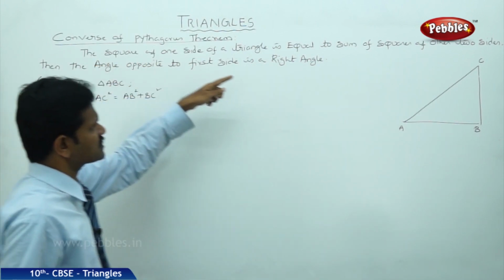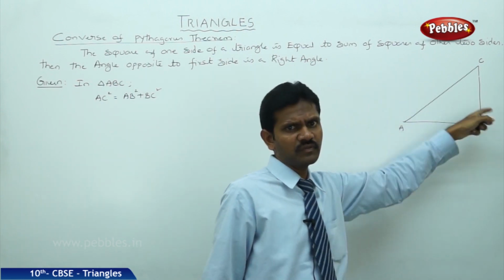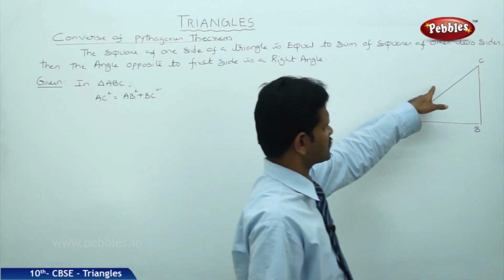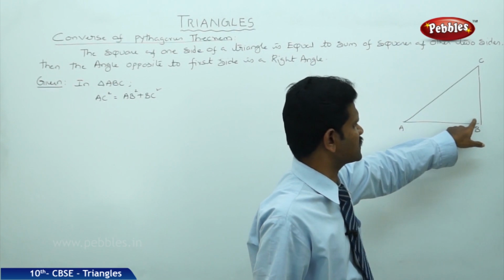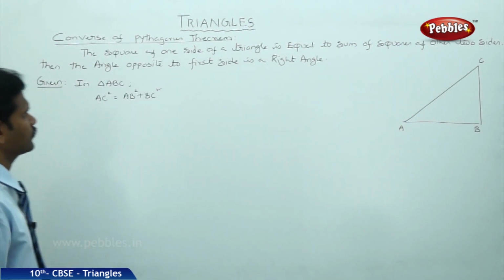The square of one side of a triangle is equal to the sum of squares of the other two sides. Then the angle opposite to the first side. Now the first side is AC. The angle opposite to this one is B. This one you have to show is a right angle.